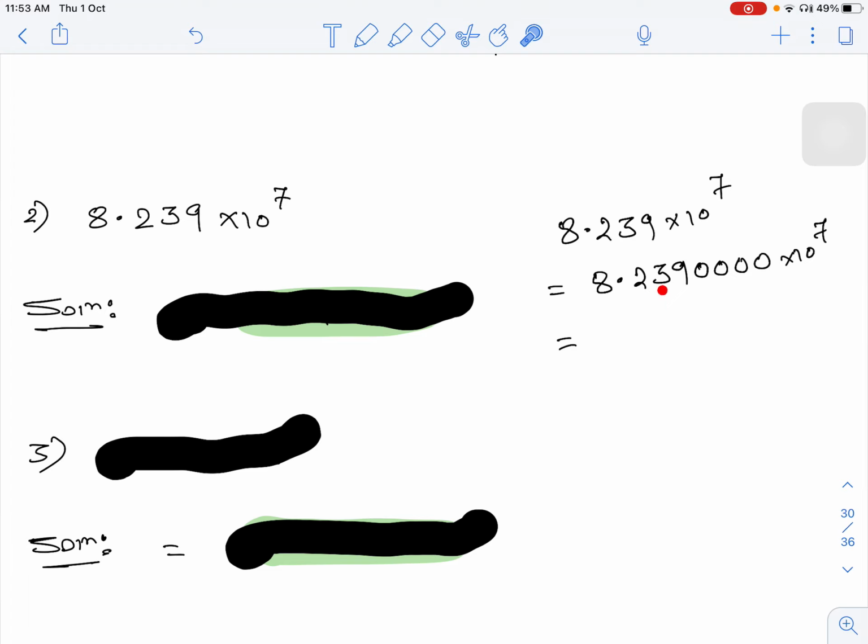So how many digits do we have to move to the right? 7 digits. 1 2 3 4 5 6 7. So our answer will be 82391234 with zeros. Now where is the decimal? The decimal is present at the end of the number.